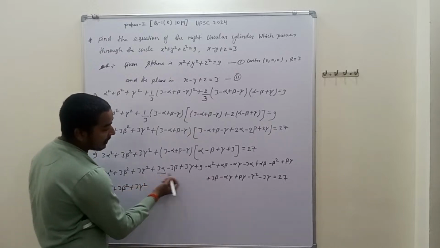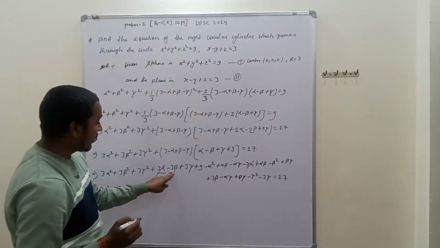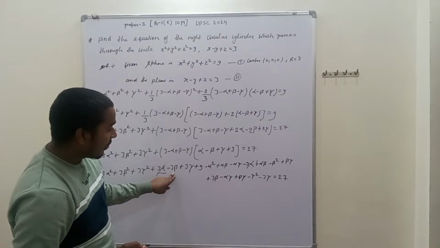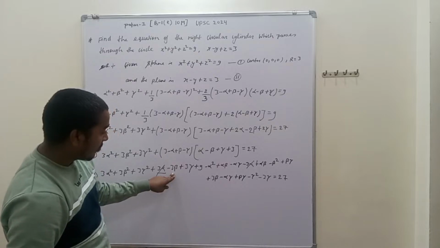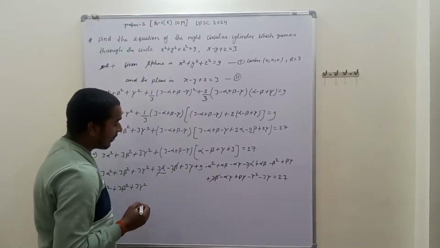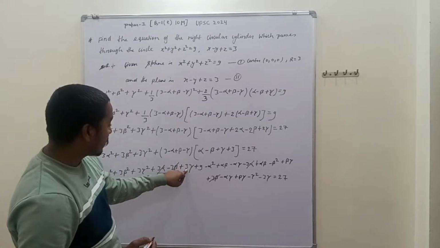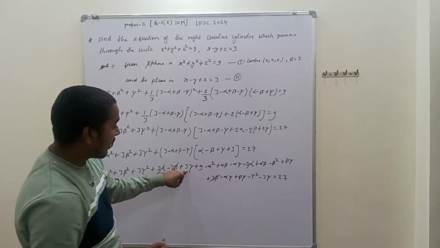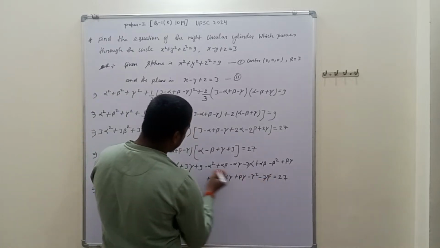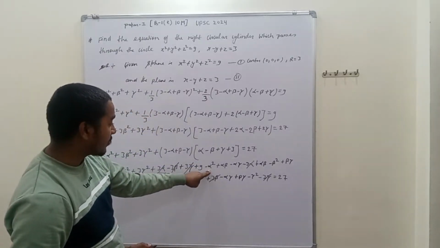Here plus 3 alpha and minus 3 alpha is cancelled out, and minus 3 beta and plus 3 beta is also cancelled out, and plus 3 gamma, once again 3 gamma and minus 3 gamma is also cancelled out, and the remaining is minus alpha square.